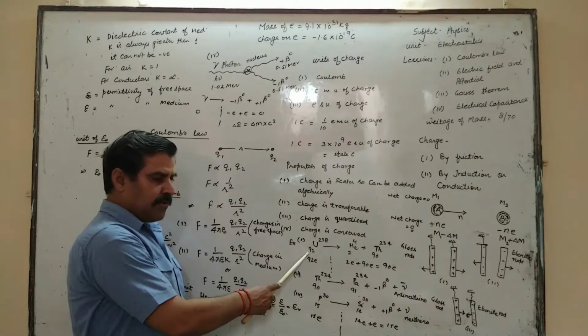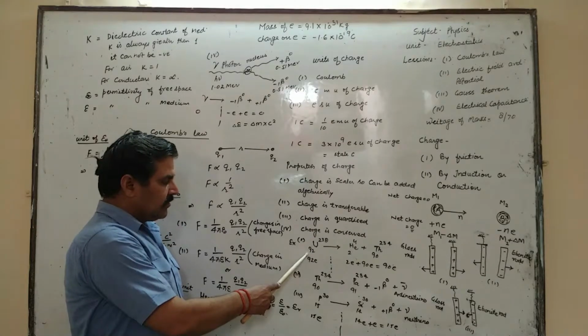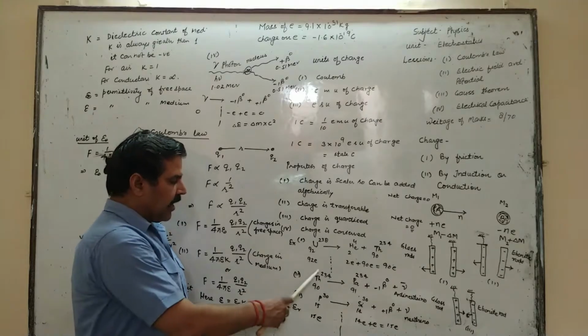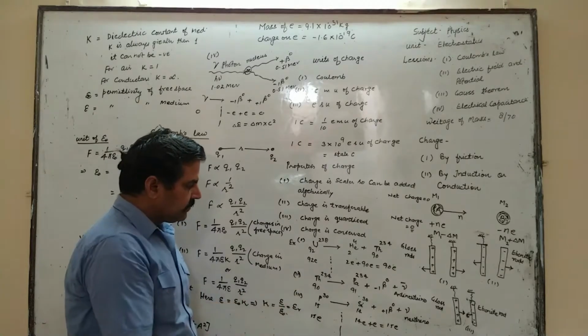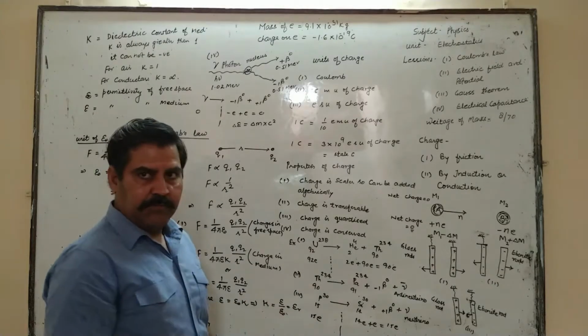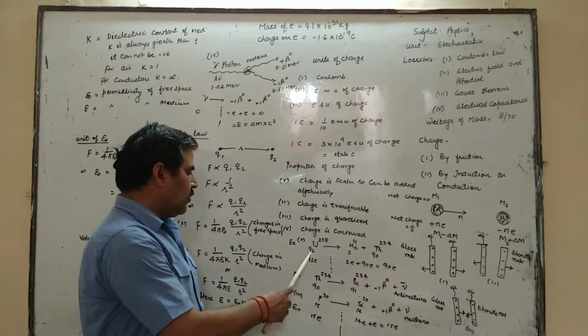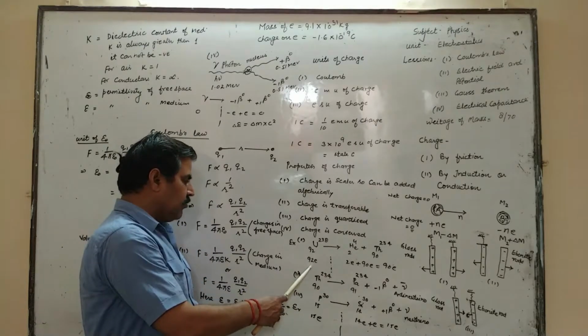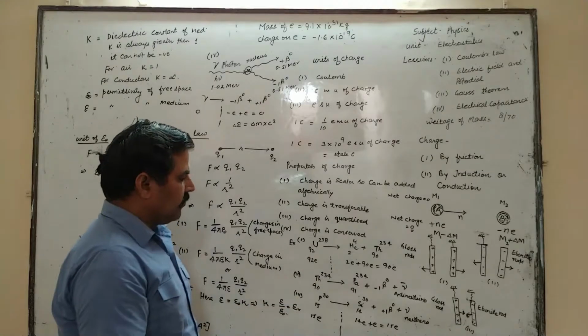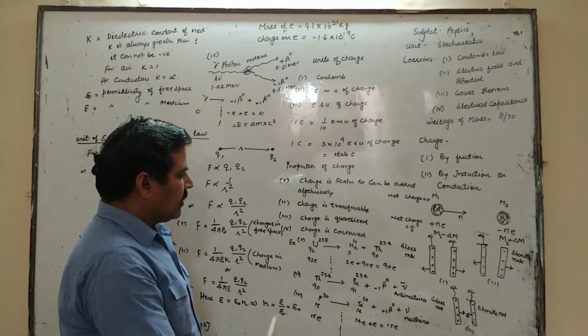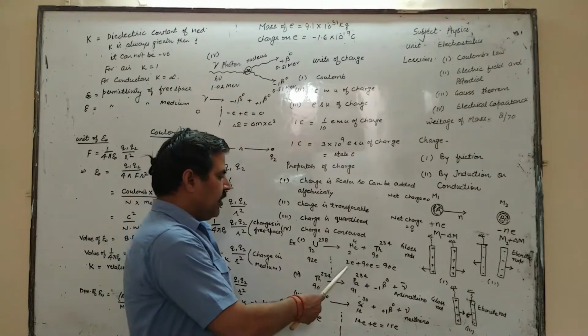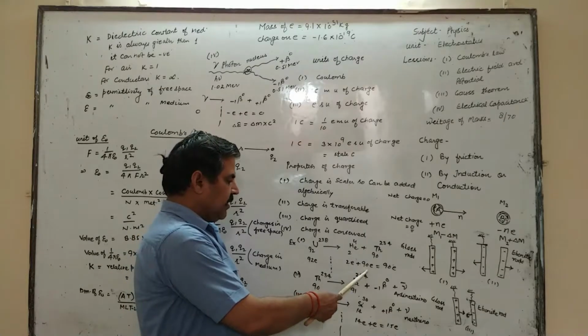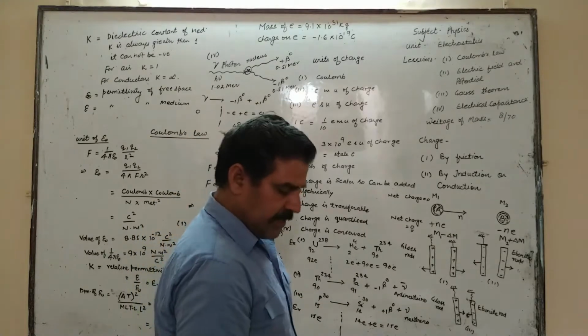It means the number of protons in the nucleus is 92. When multiplied by e, this is the charge. So before emission of the alpha particle, charge on the uranium nucleus is 92e. After emission of the alpha particle, the charge on the right side is 2e plus 90e, equal to 92e.